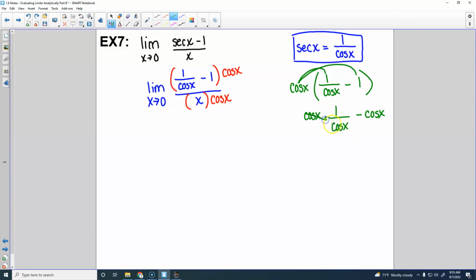They would cancel. So we would get 1 minus cosine x. Now, I would encourage you to do that part in your head as you're multiplying. So when I distribute that cosine x here, I'm going to get 1 minus cosine x. In the denominator, I'm going to have x times cosine x. And I've got the limit as x approaches 0.